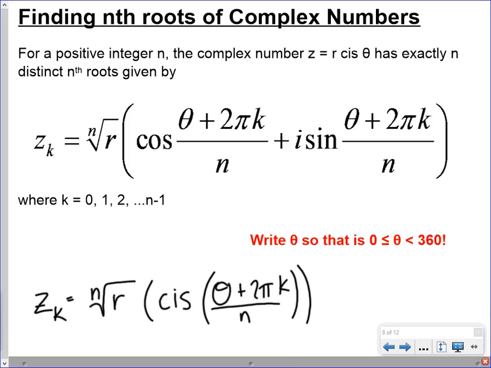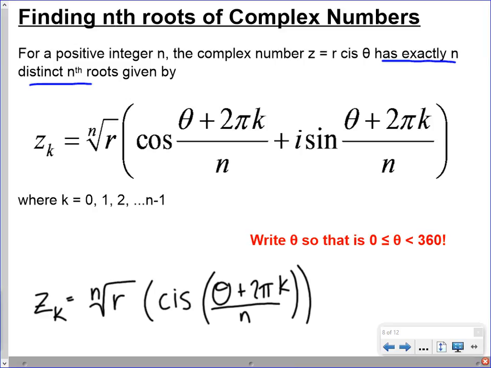So there's a statement here that when we are taking an nth root, we'll have exactly n distinct nth roots. What that means is distinct is different roots. So that qualifier is down here with k.